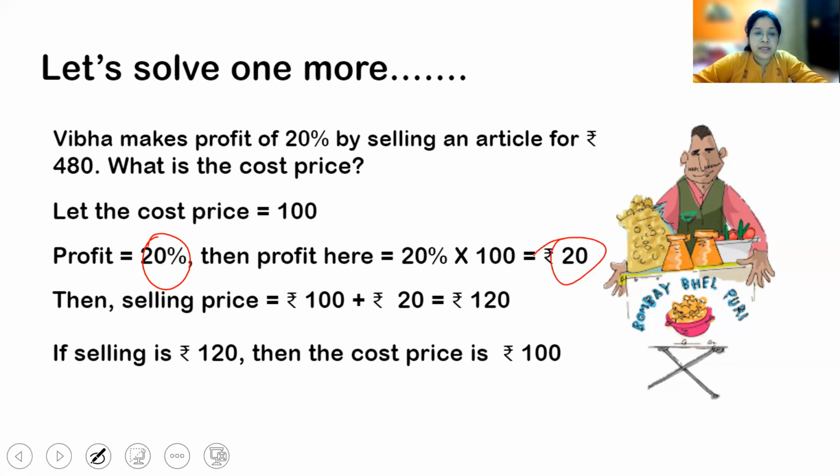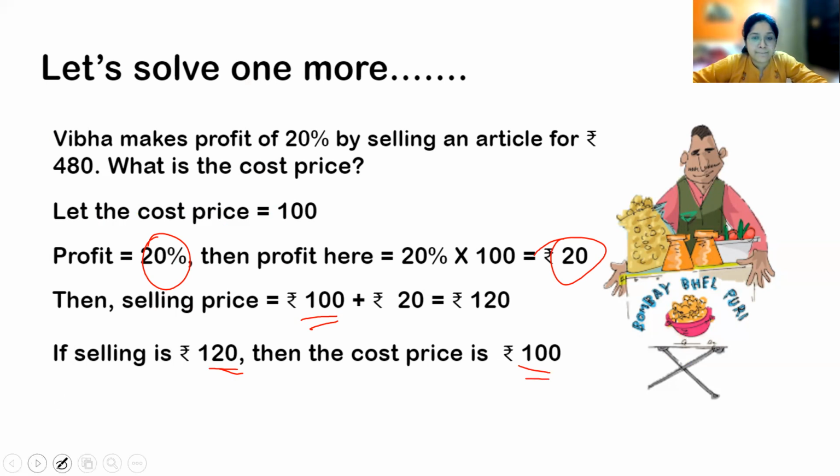We are assuming that 100 is my cost price. This is an assumption that we're making, and we're applying the unitary method here. When the cost price is rupees 100, my selling price will be 120, and vice versa.